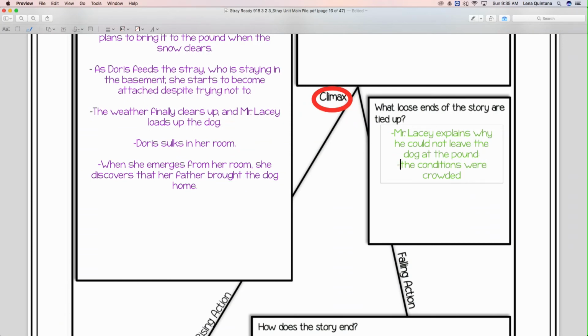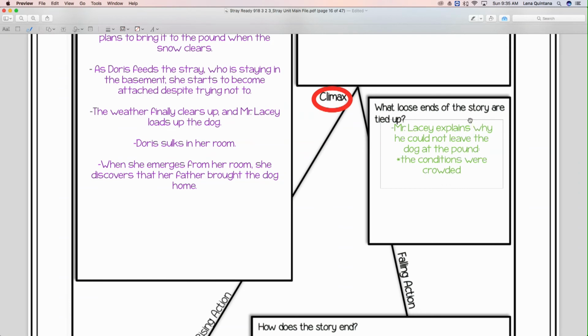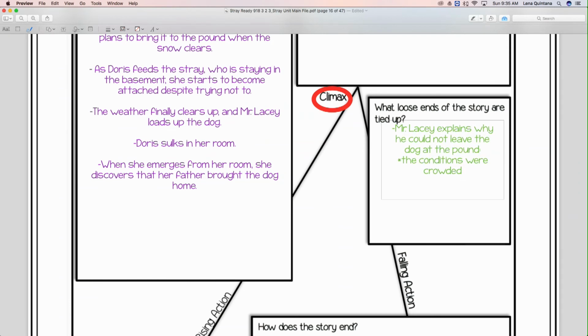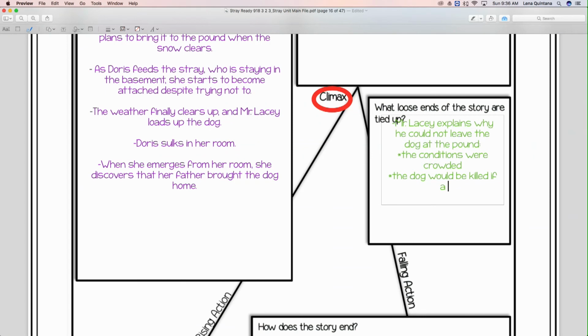The conditions were crowded, much like, sadly, our pounds and animal shelters that we have now, they are very, very crowded, those poor animals. And the worst part is the dog would be killed if a home wasn't found.